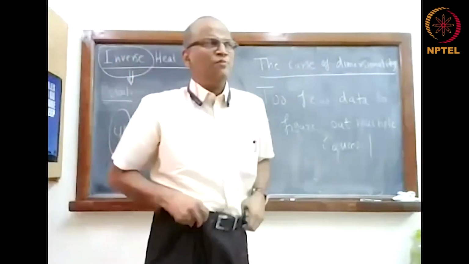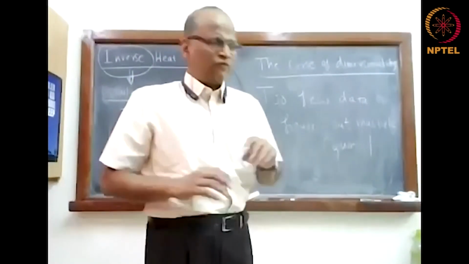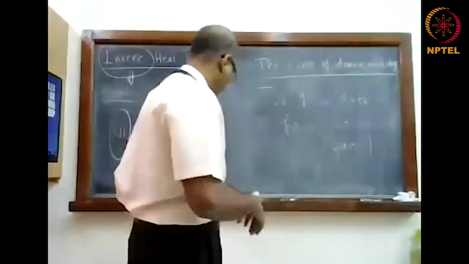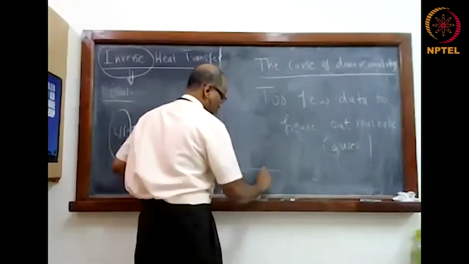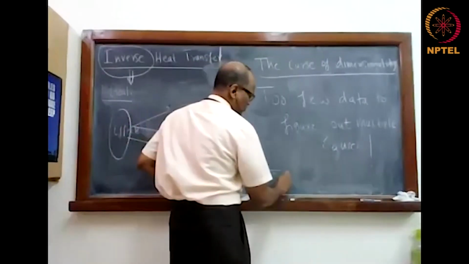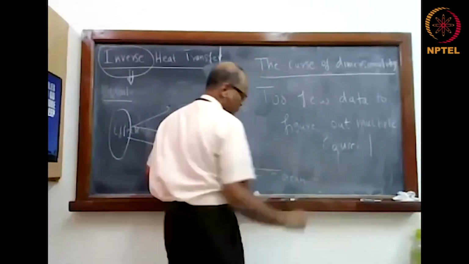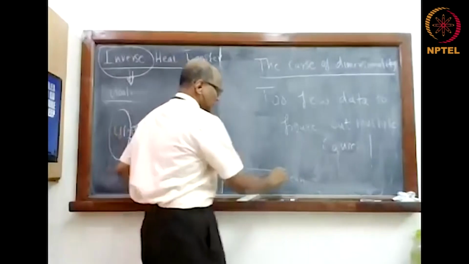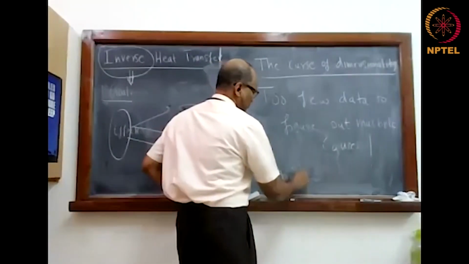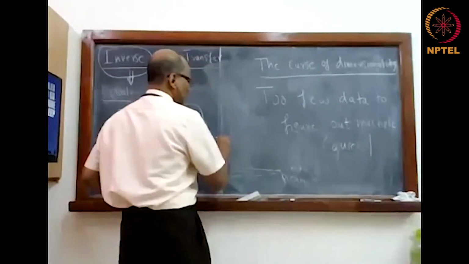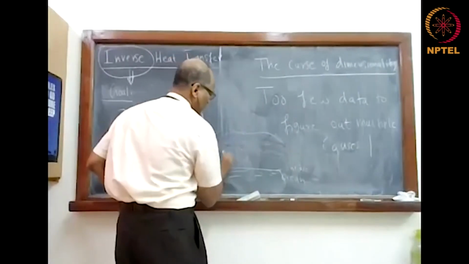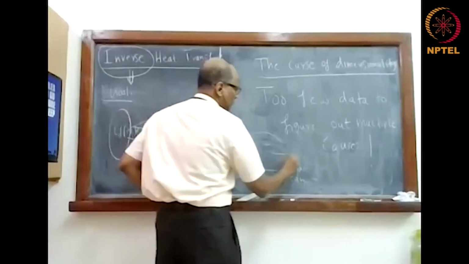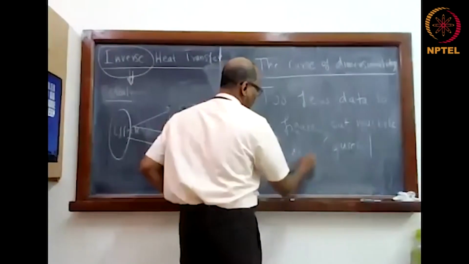It's particularly true in remote sensing. For example, this is the ocean, and this is the surface. This is the atmosphere.